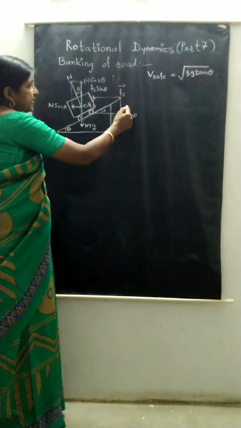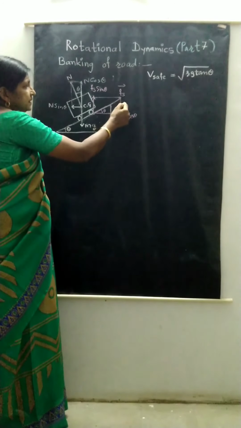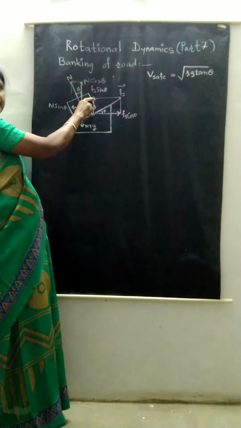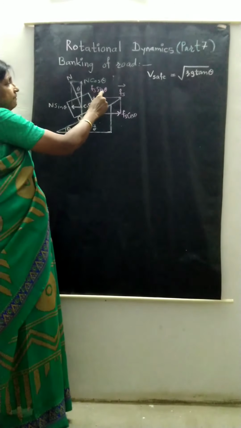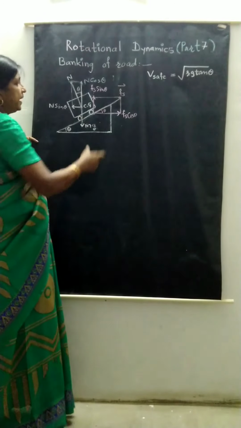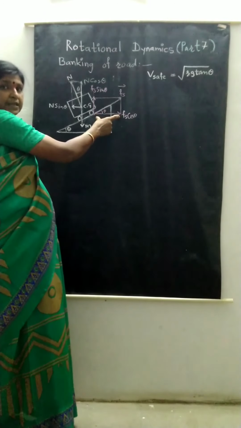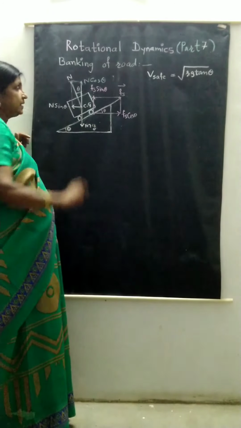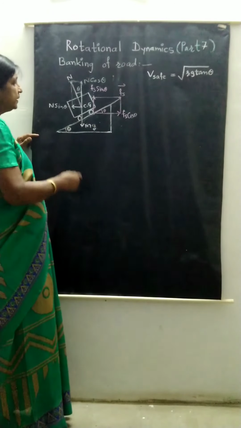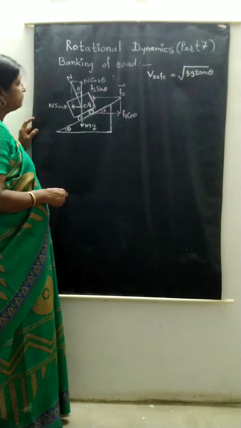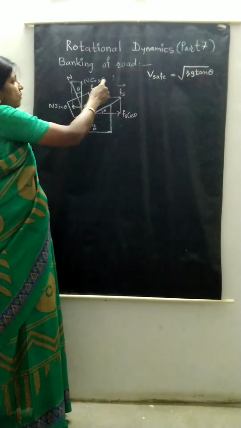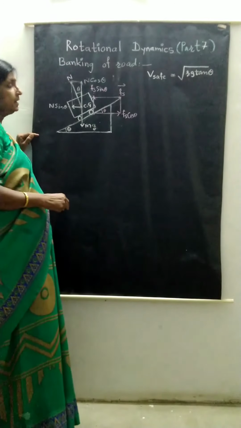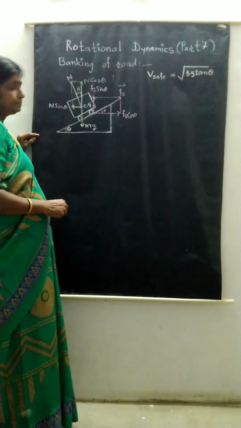The opposite side naturally will be Fs sin theta. So, this side and this side are of equal magnitude. Therefore, this is Fs sin theta. And this one is the adjacent side of theta. Therefore, it is Fs cos theta. Here, we are observing that N cos theta and Fs sin theta are in the same direction.